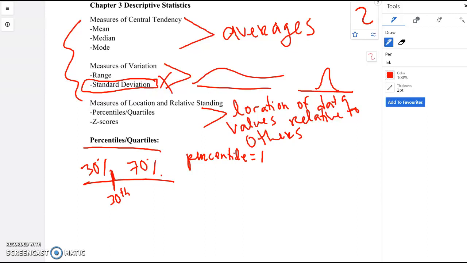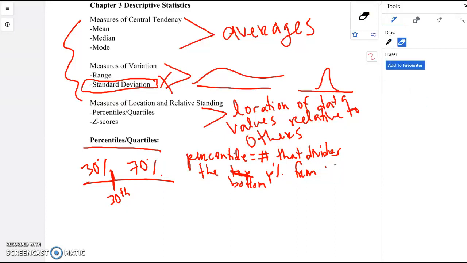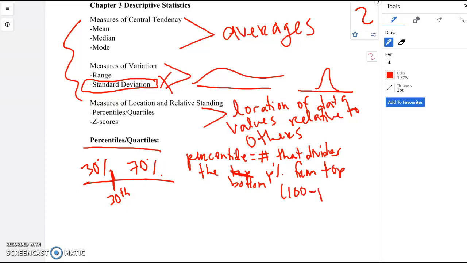It's a number that divides the bottom p% from the top 100 minus p%. Okay, that's what it is.